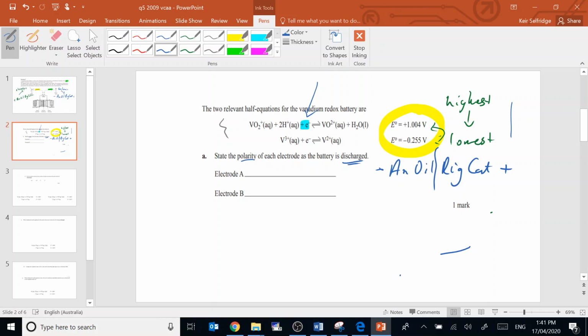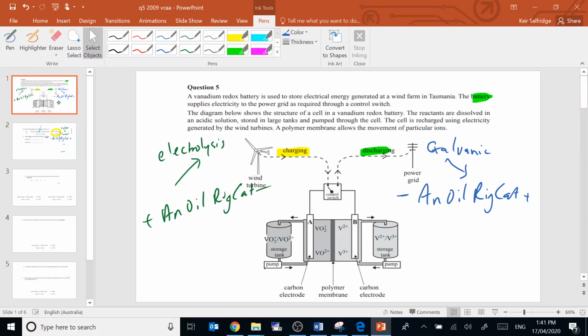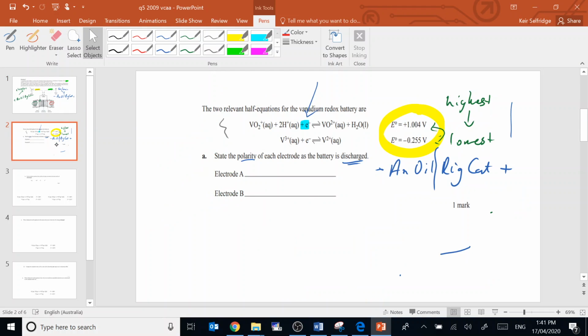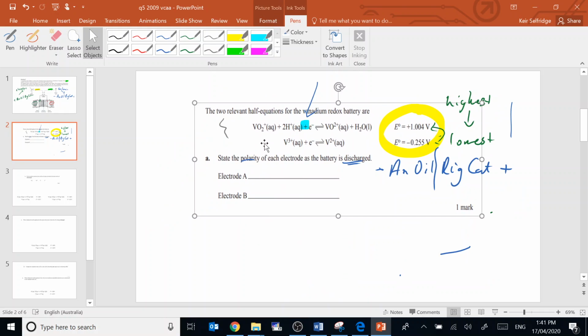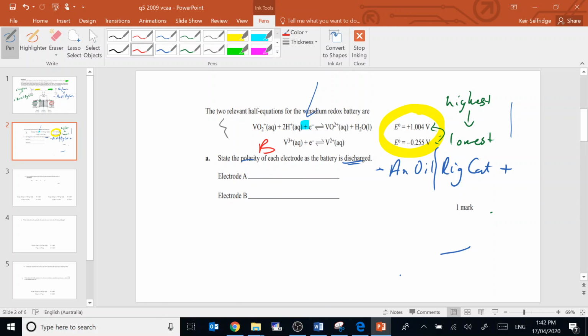So just to clarify, if we go back here, electrode A is the one that's got these things, and electrode B is the one that's got these things involved. So if I go back here, this is B, this is B, and this was the A. So this thing's happening at A, this thing's happening at B. The one that we want to know is that this is downhill.